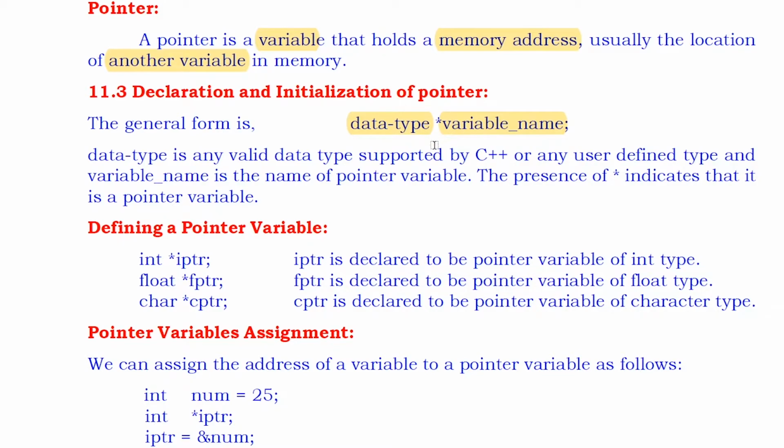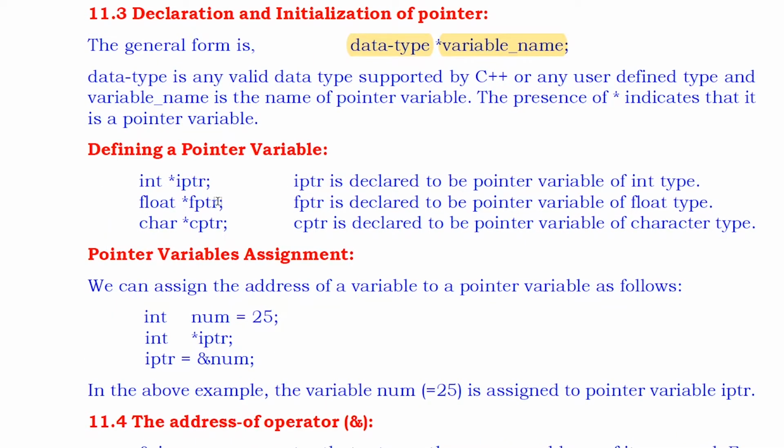So next let us take an example. This is how you declare: we use the data type, then a star, and then the variable name iptr. So iptr is declared to be a pointer of type integer. That indicates this iptr can take only the address of other integer variables.